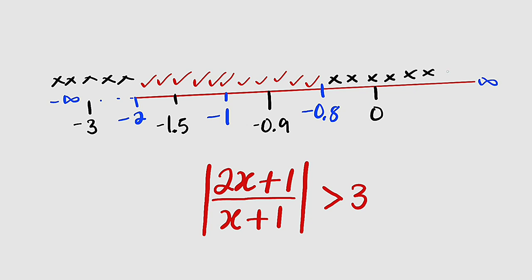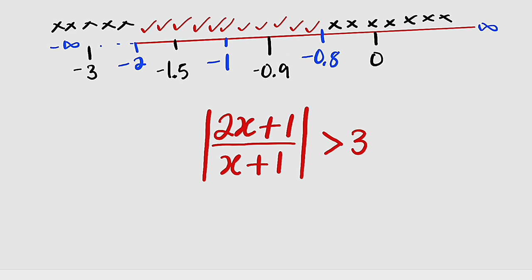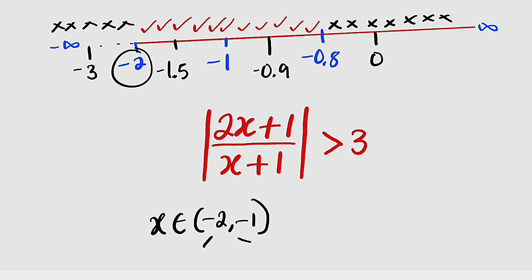So let me show you different ways to write the solution to this problem. You can say that x belongs to the set of values from negative 2 to negative 1, because the endpoints will not satisfy, union from negative 1 to negative 0.8. This is one way to write it.